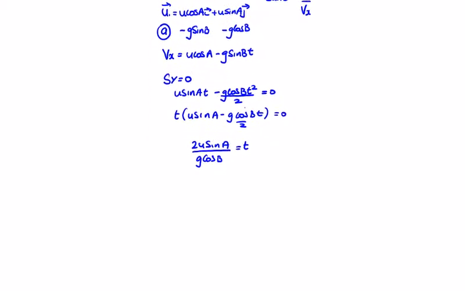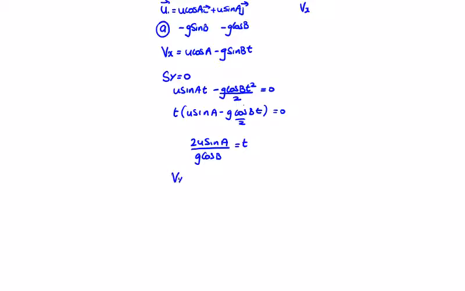So I can get my v of x now. I also get my v of y. V of y is equal to u plus at, so u sine alpha minus g cos beta times t. So let's get v of y first.